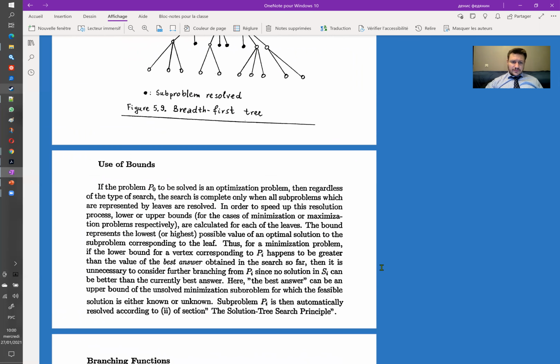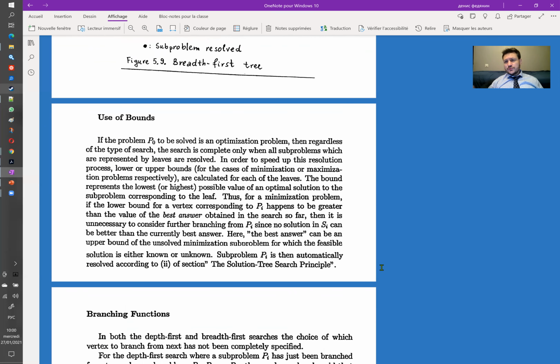But bounds, we need if we don't want to solve problems or to consider some variants that we know that they're too bad.